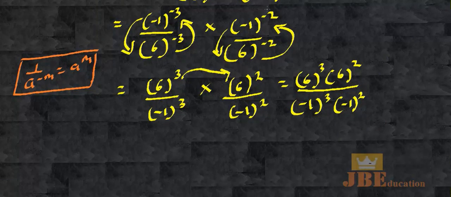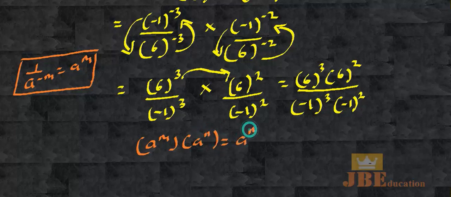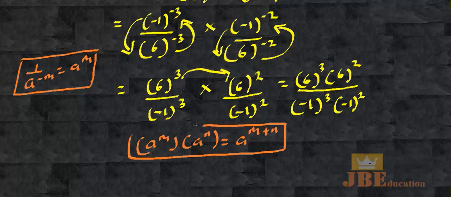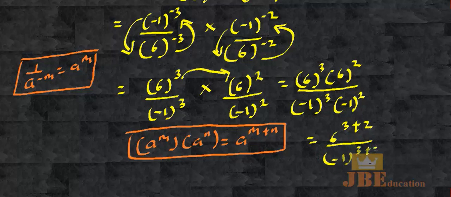Now we have got a formula. What's the formula? a raised to the power m multiplied with a raised to the power n can be rewritten as a raised to the power m plus n. So using this formula, I can rewrite this as 6 raised to the power 3 plus 2 over negative 1 raised to the power 3 plus 2. This would give me 6 raised to the power 5 divided by negative 1 raised to the power 5.